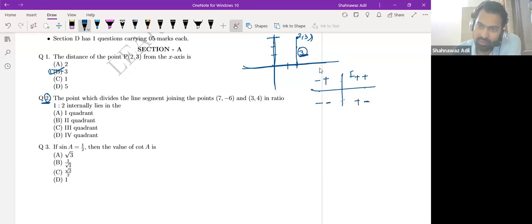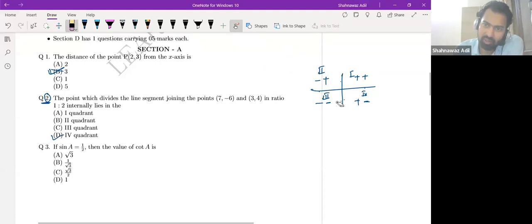So these are for the second, third, and fourth quadrant. If you get your x to be positive and y to be negative, that would be in the fourth quadrant. So this answer was the fourth quadrant, right?